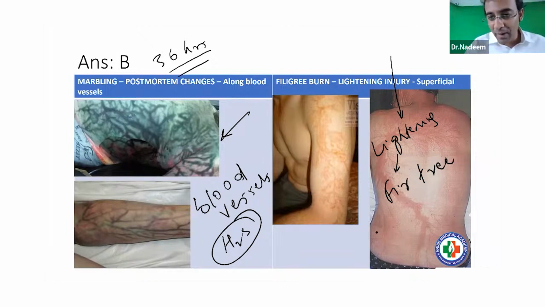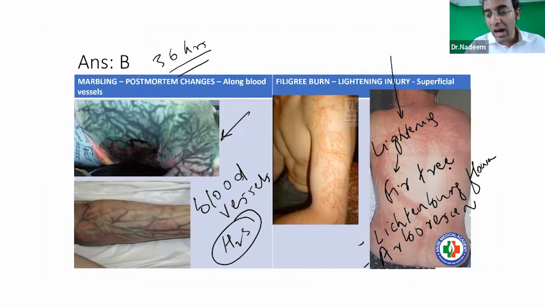There is a flower-like pattern that is called what? Lichtenberg flower. Lichtenberg flower-like pattern. This is also called arborescent burn. Arborescent burns. All these are important questions related to your MCI exam.